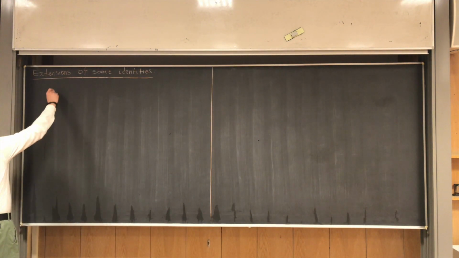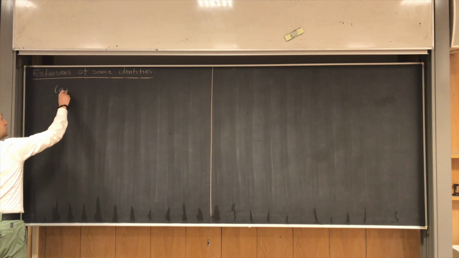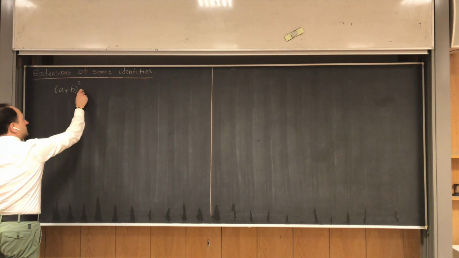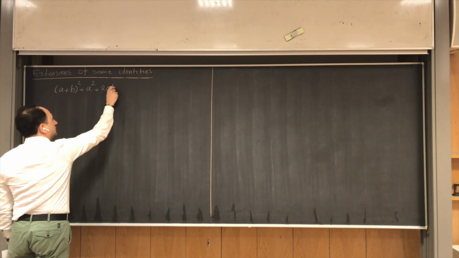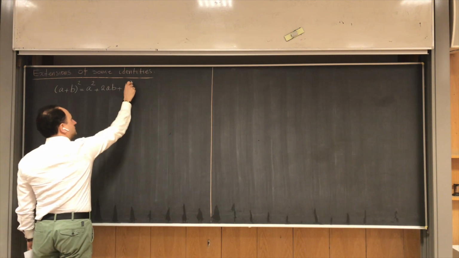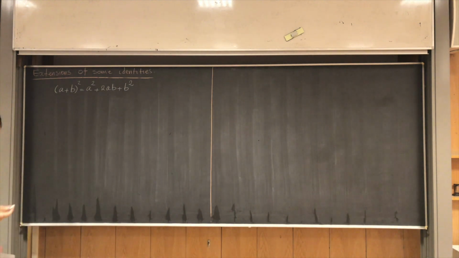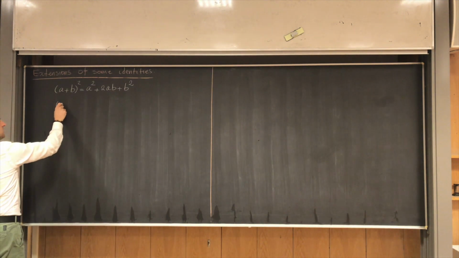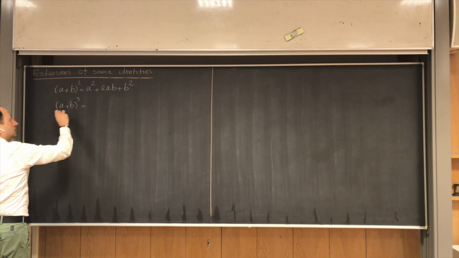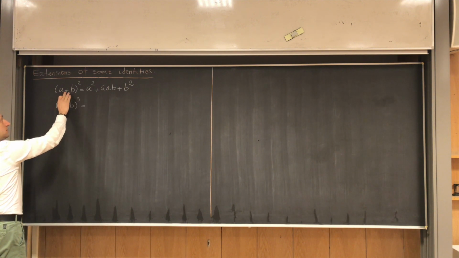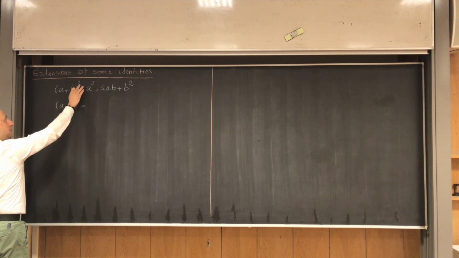Yes, so you remember we had (a plus b) to the 2 is a squared plus 2ab plus b squared. Yes, then of course I also presented this identity for you. You see, this is 2, it's a binomial to the power of 2.